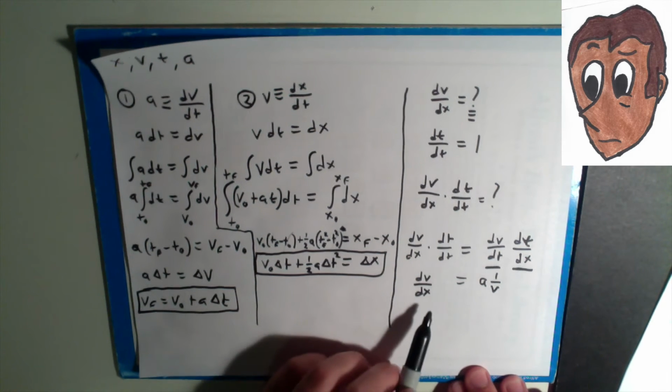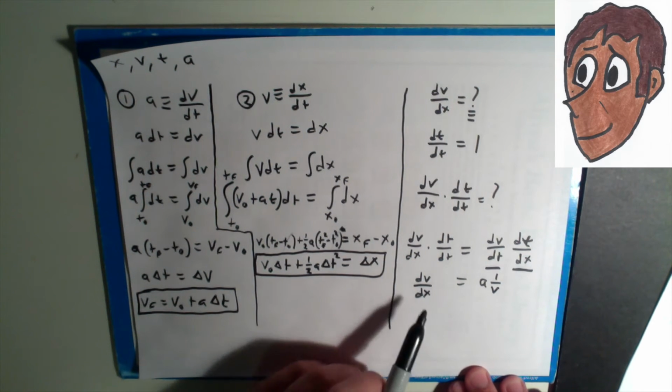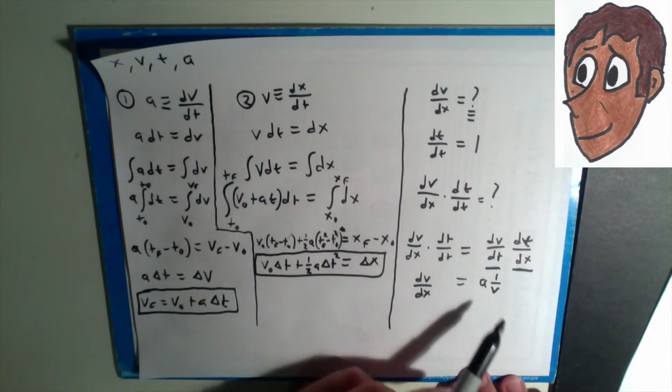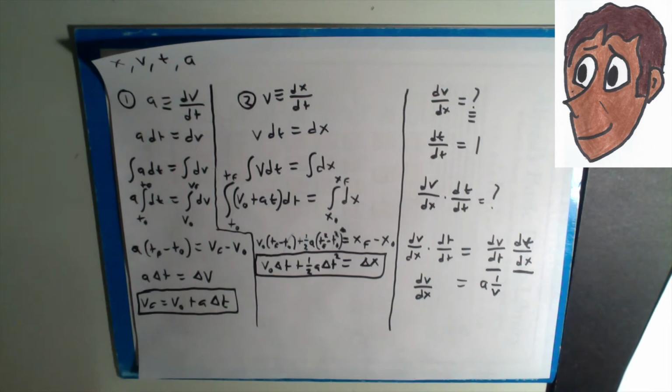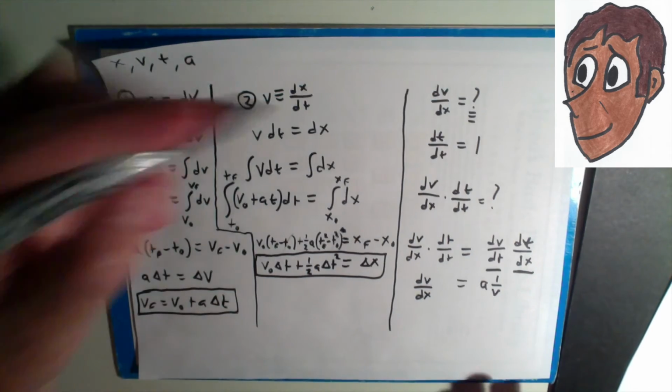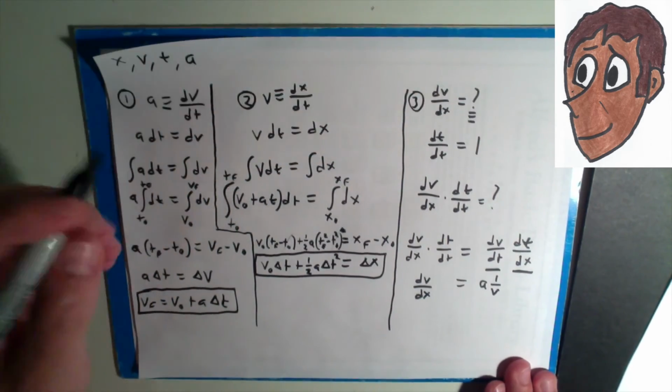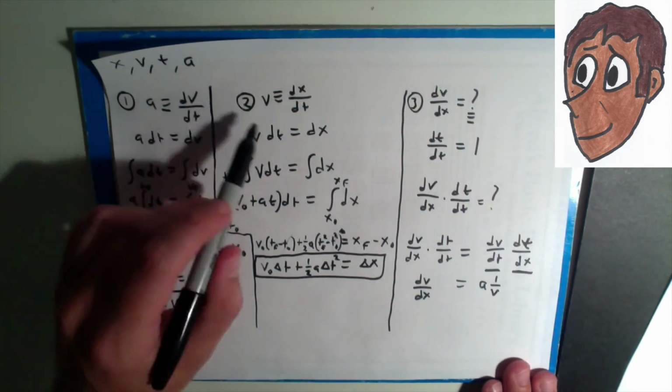So now what? Well, this is good, because now I have a rate of change, a constant, and a variable. So I have a differential equation, and I can do what we did with the initial equations 1 and 2.